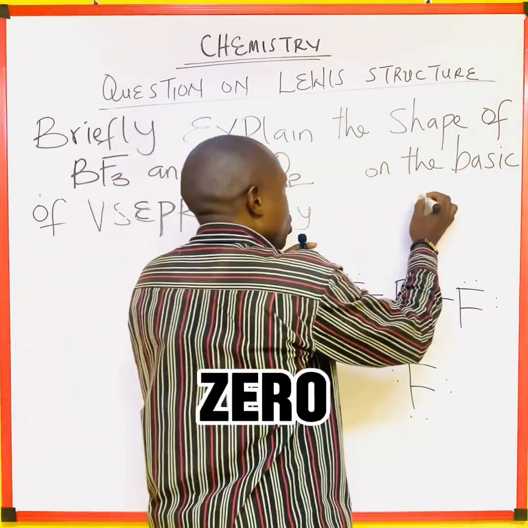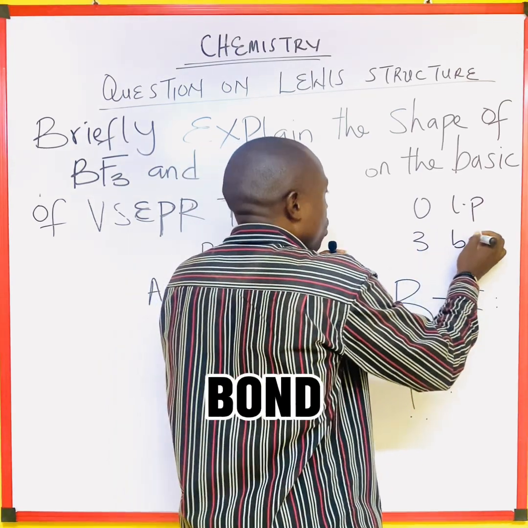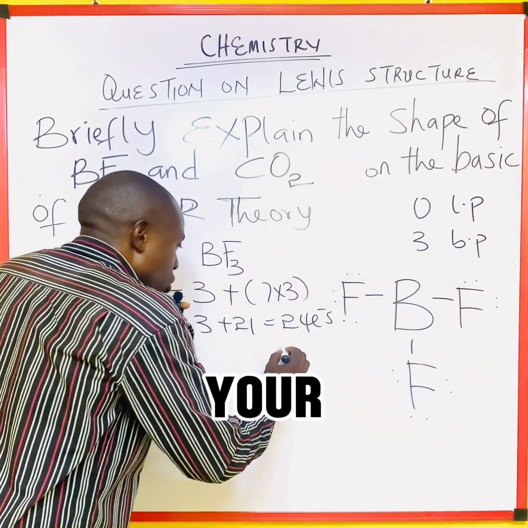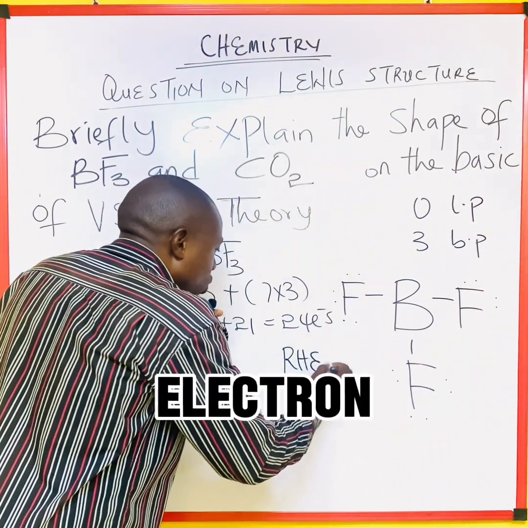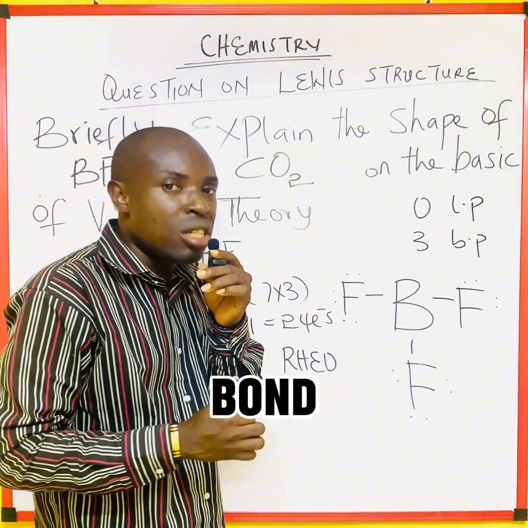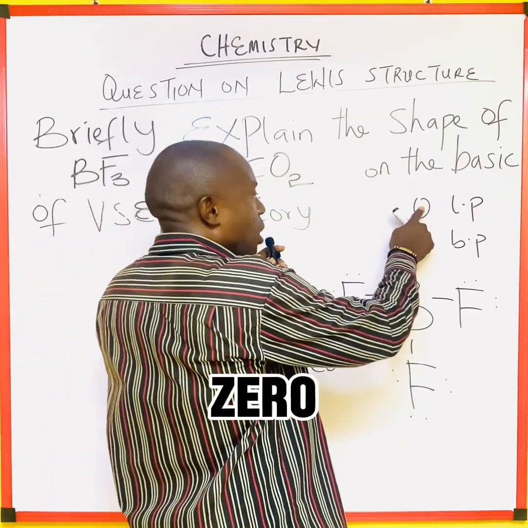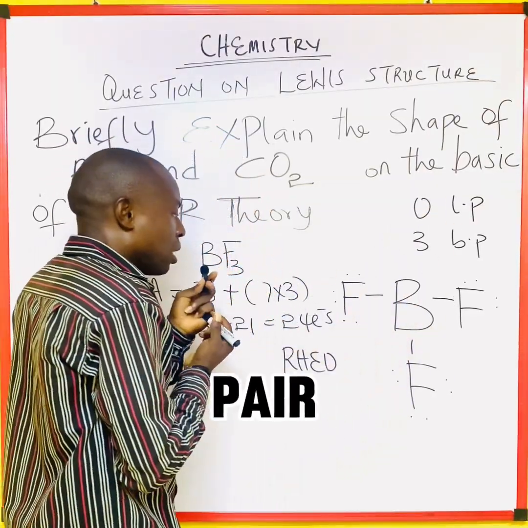So your region of high electron density, which is equal to your hybrid orbital, is the sum of all the bonds around the central element. Here, because you have 0 lone pair and just 3 bond pair, here becomes 3.